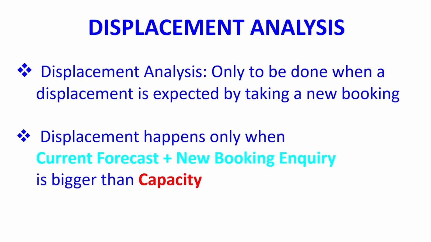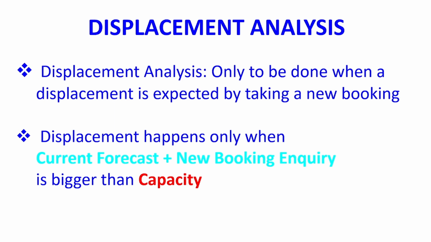The reason I put "only to be done when a displacement is expected by taking a new booking" is that in case there is no displacement, it's better to take all the business. It doesn't matter what budget the client has, as long as this group is profitable, which means the price proposed by the client is higher than our variable cost.